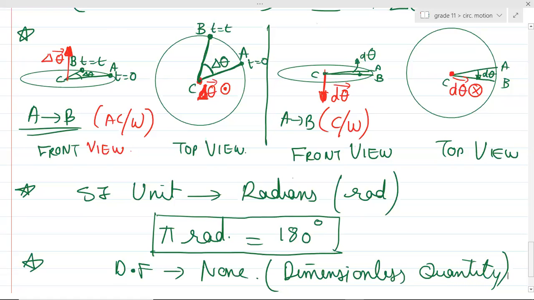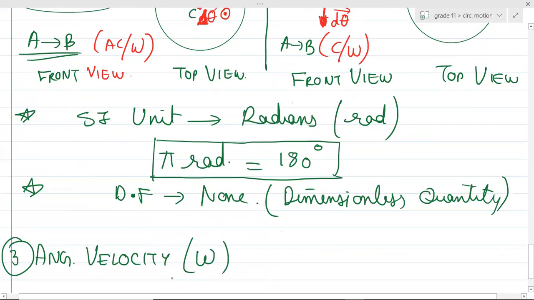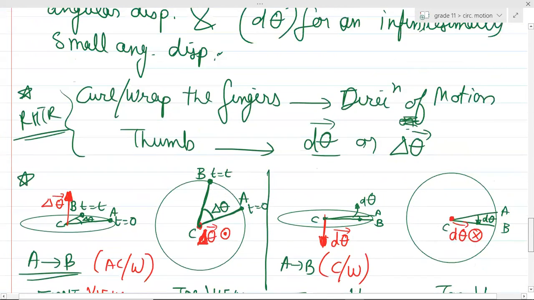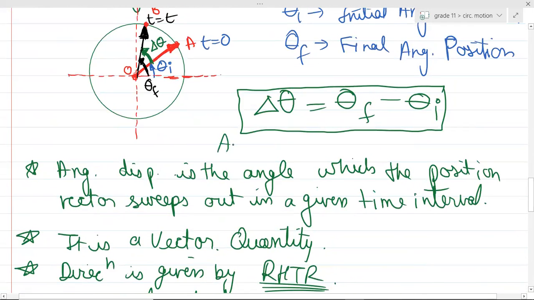Okay. Next, third parameter. First parameter was angular position. Second parameter was angular displacement. Now the third parameter, angular velocity. Can you see everything is going exactly like we did kinematics? You remember, first we discussed position, then displacement, and after displacement we discussed velocity, right?